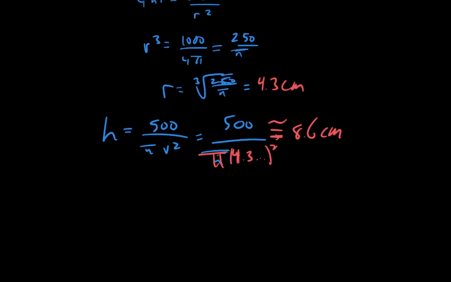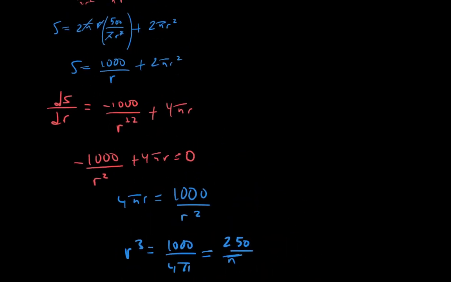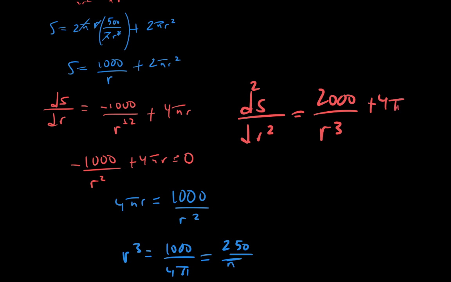We could take our second derivative now of S, which would be 2000 over r cubed plus 4 pi.